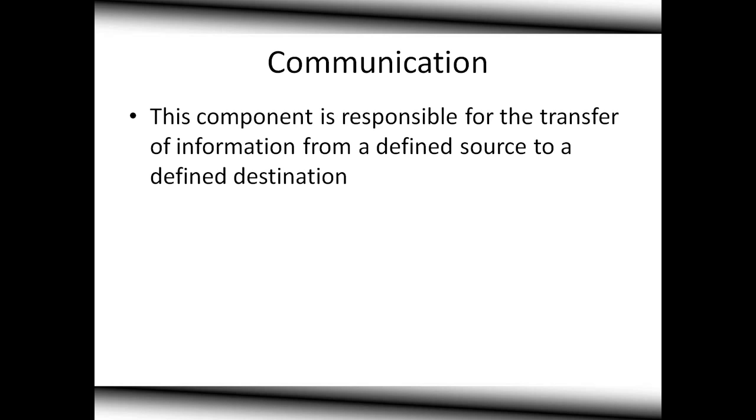So the information, we have gotten it now, then it has to be sent from one place to another, or from one person to another. Now, the component of the information system that allows this activity to take place is the communication component. So you know the components of the information system now.